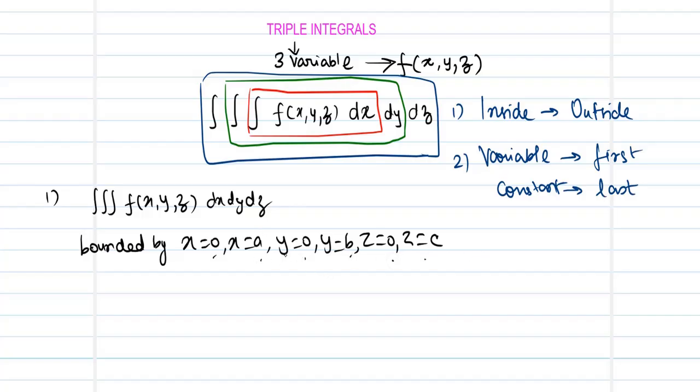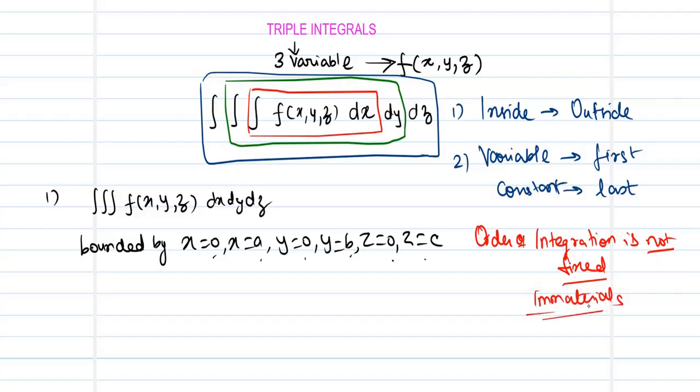When the limits are all constant, then we can keep in mind the rule: the order of integration is not fixed, or you can say that the order of integration is immaterial. That is, you can integrate whichever variable you feel like taking first.